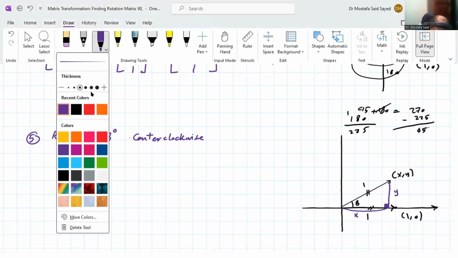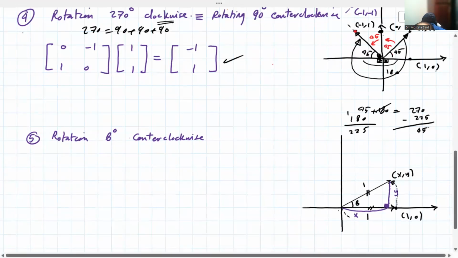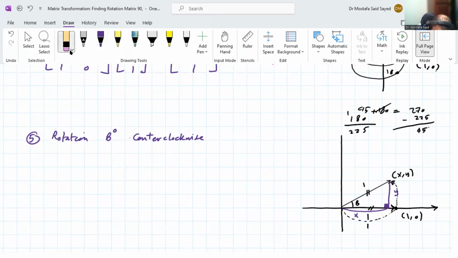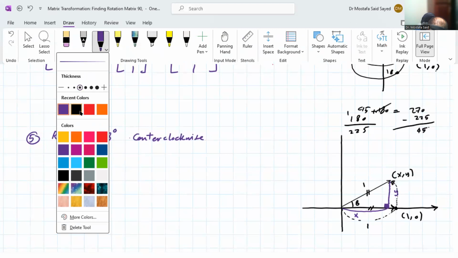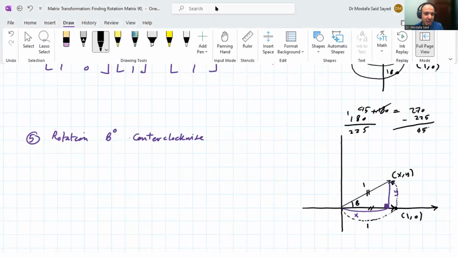Remember, the whole length is 1. I'm noting it here for you, not to confuse yourself. So let's find x and y. Once we find x and y, we find the new location, right?